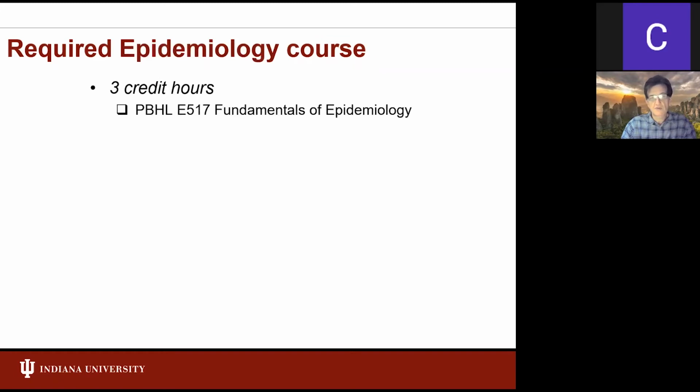Then there's also a required epidemiology course, which you can take at pretty much any of the semesters. So you might decide to take it at a subsequent semester. We're going to talk about a plan of study in a little bit.